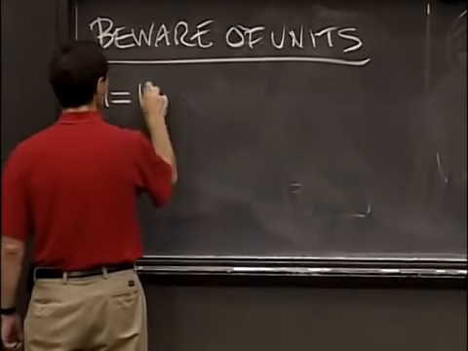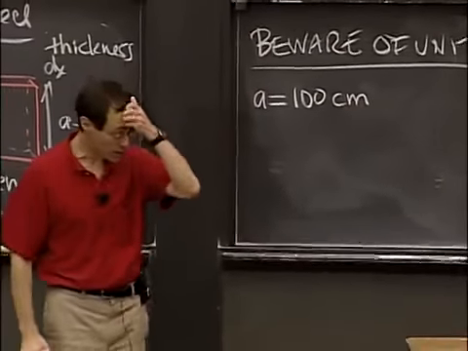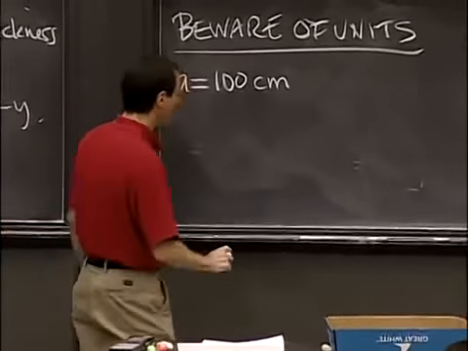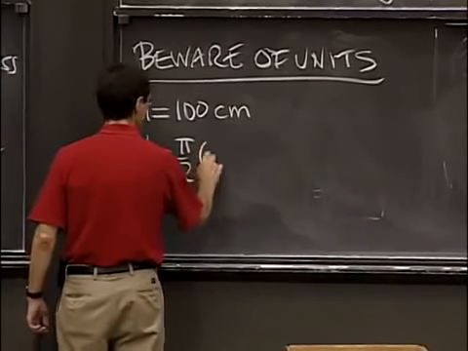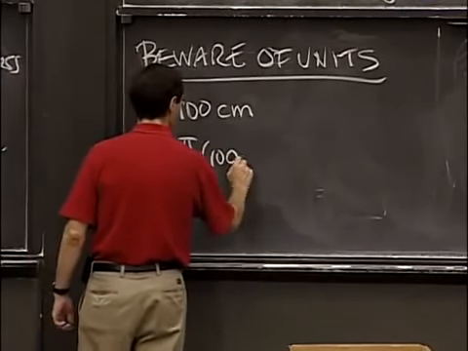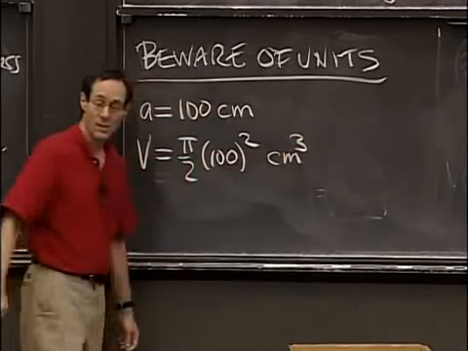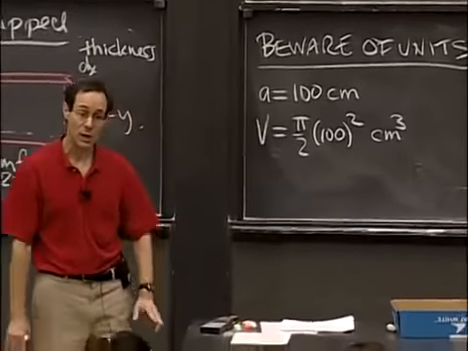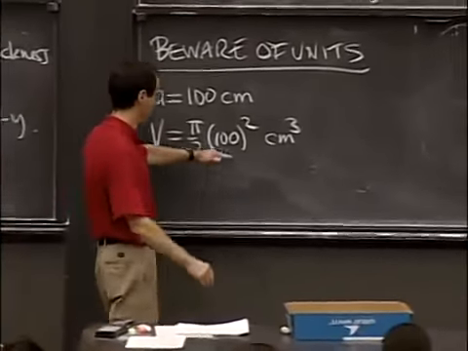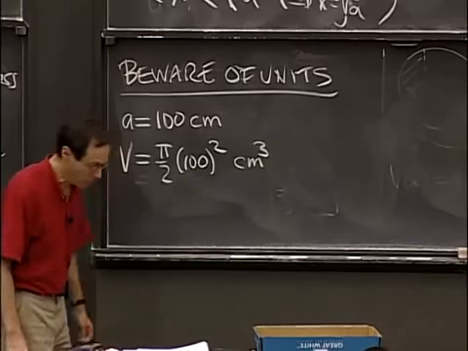So suppose that a is 100 centimeters, and suppose the units are centimeters. Then the formula for the volume is pi over 2 times 100 squared, and the units we must take are centimeters cubed, despite the fact that you kind of want to square the centimeters, but that's not what this problem says. Okay? So this is the situation that we've got.